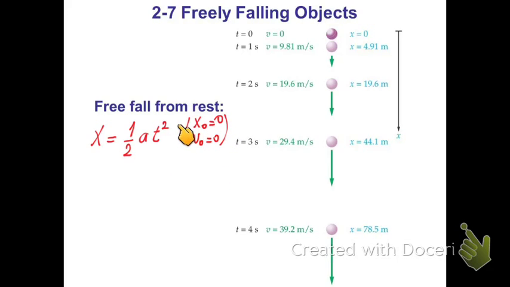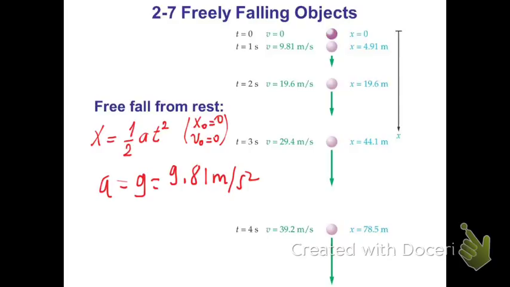So the position of the object will be calculated by using this simple formula, x is equal to 1/2 a times t squared. Of course, here a is the gravitational acceleration, and it is 9.81 meters per second squared.